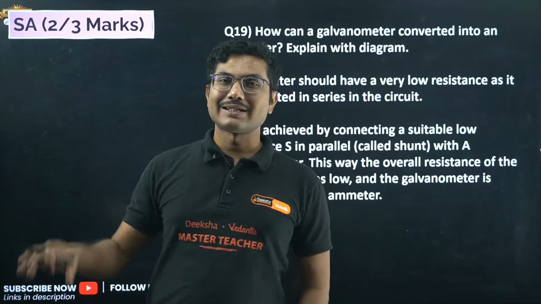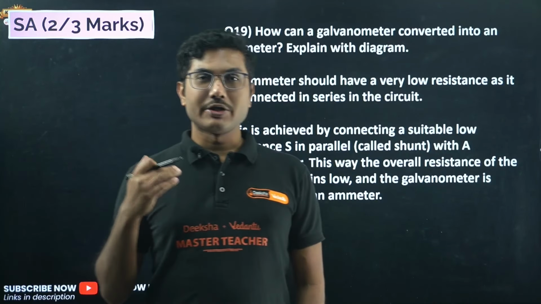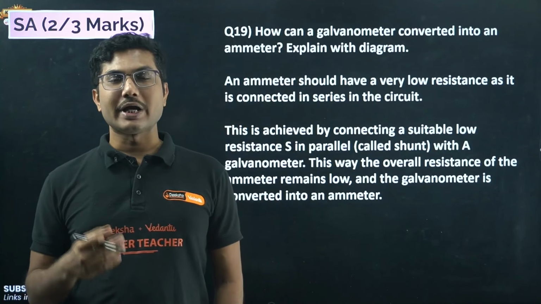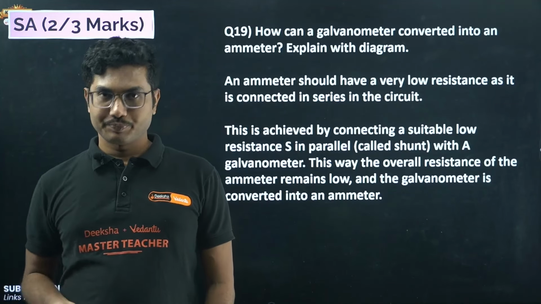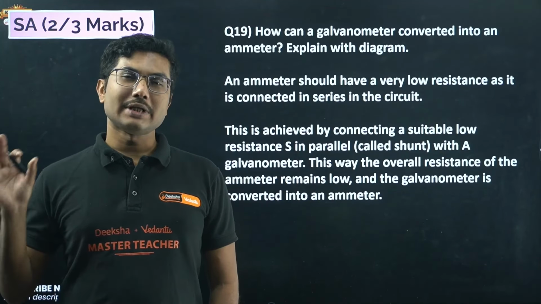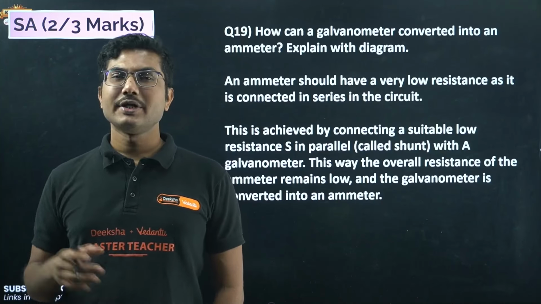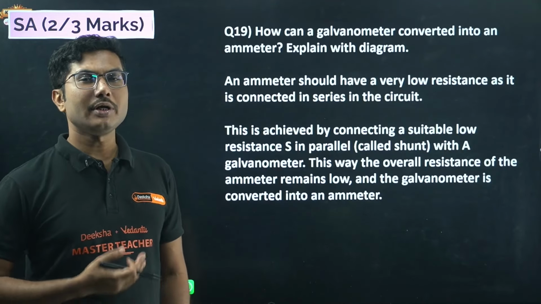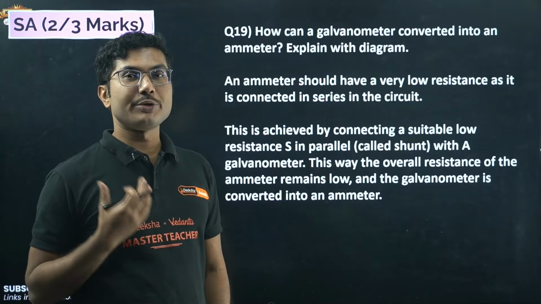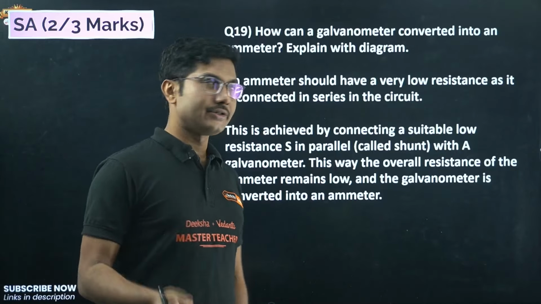So if you are connecting something in series, the resistance should be very low so that it does not affect the working of the circuit. In parallel, ideally it should have infinite resistance, and for an ideal ammeter the resistance should be 0. Ideal ammeter should have 0 resistance, ideal voltmeter should have infinite resistance.